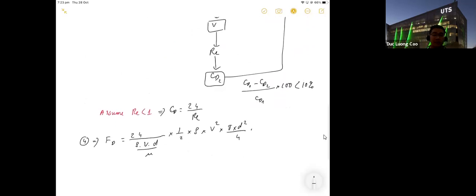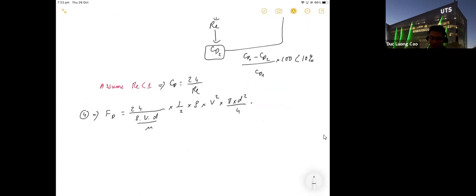It is easy to find velocity now, because you can cancel out velocity on the bottom.